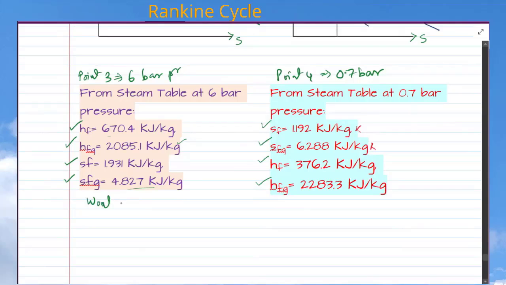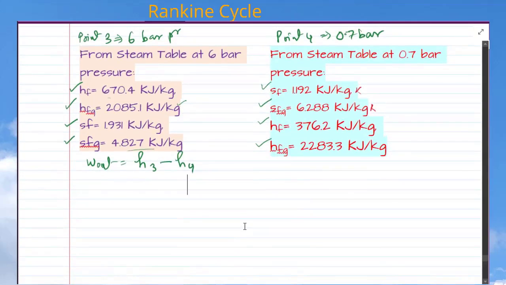We know that the work output is equal to the heat drop from H3 to H4. So H3 minus H4 will give us the work output. In this case the steam is wet steam, so H3 is equal to hf at 6 bar pressure plus x3, the dryness fraction of steam at point 3, multiplied by hfg, the latent heat of evaporation at 6 bar pressure.